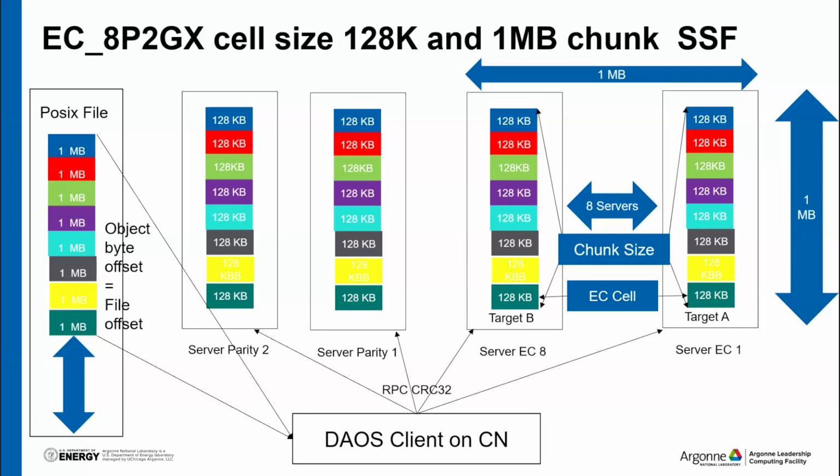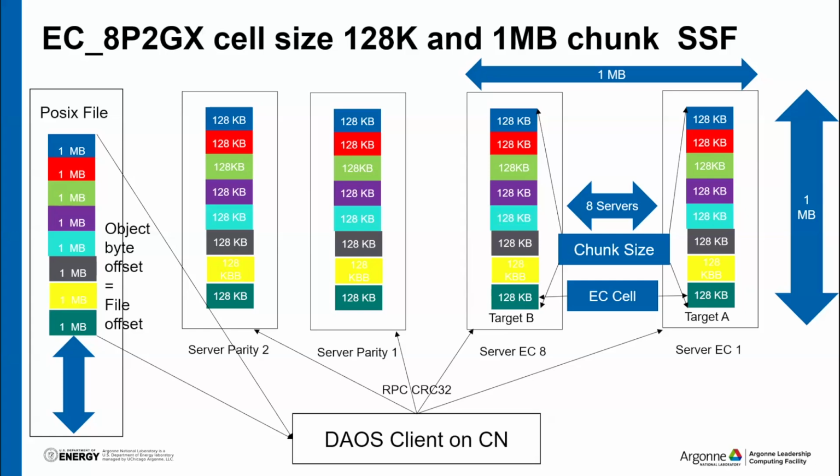So in the case of a write, DAOS is going to look at file domains in terms of the EC stripe width and the EC cell size.